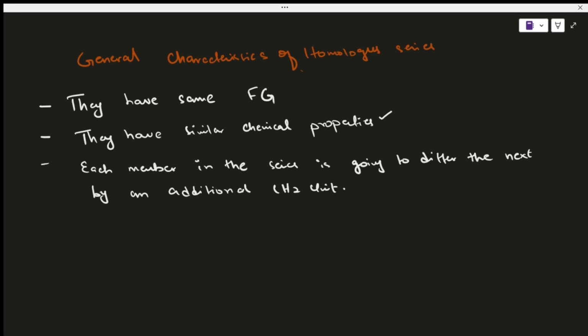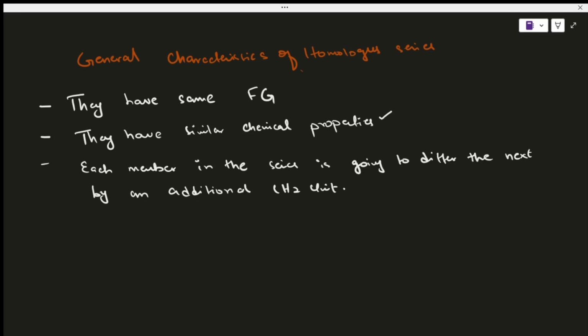Chemical properties basically means, when we talk about reactions, how a particular molecule is going to react with other atoms or molecules. The way all of the alkane molecules react with any other atom is going to be the same. The way all of the alkene molecules react with any other atom is going to be the same. This is what is meant by similar chemical properties.